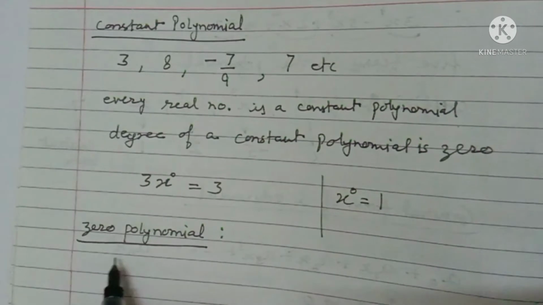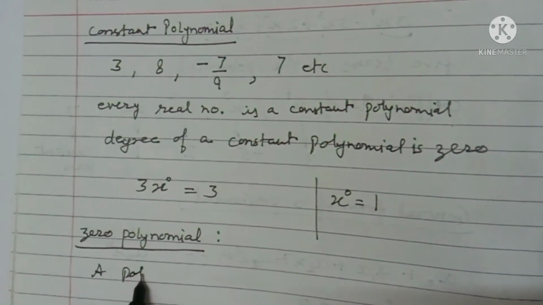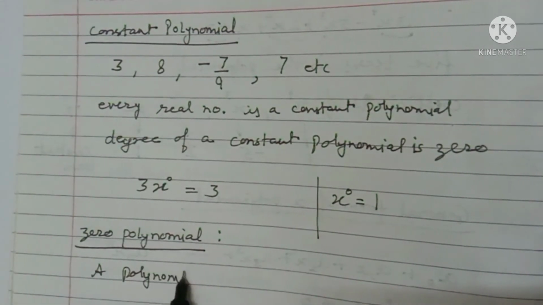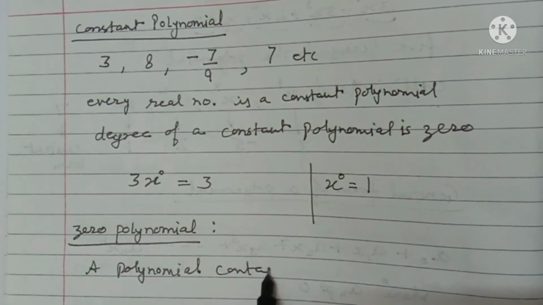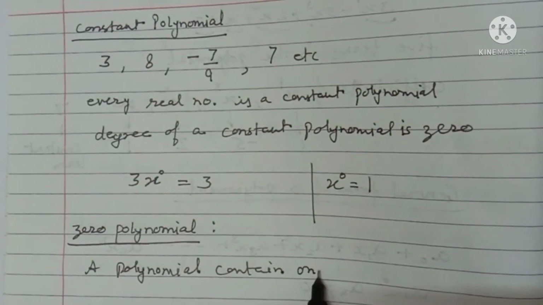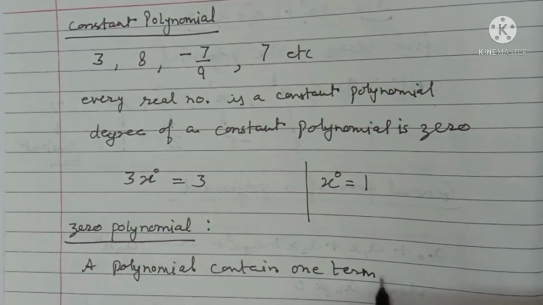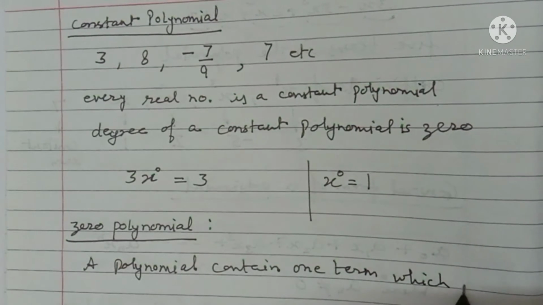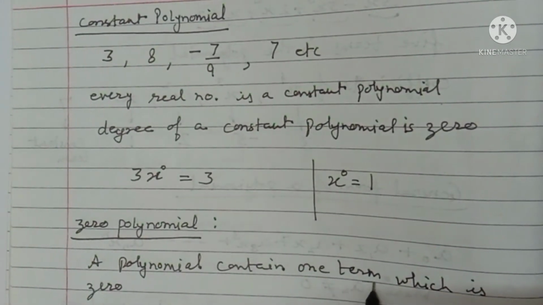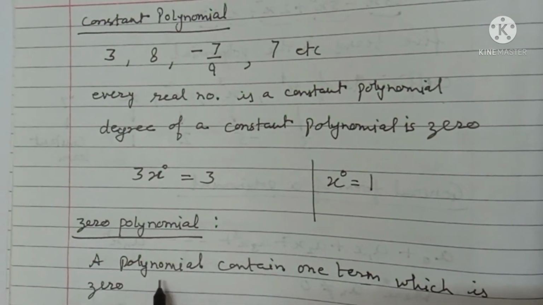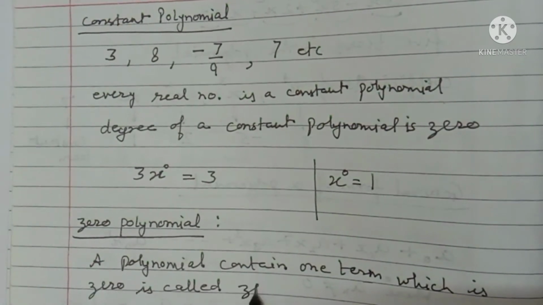A polynomial that contains one term which is 0 is called the zero polynomial.